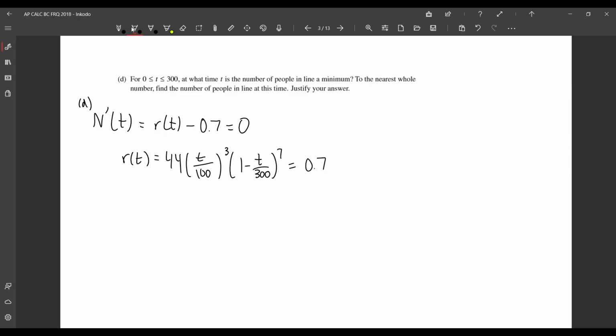Okay. I get that t is equal to 166.575 seconds. Now, how would we know that this is actually a minimum and not a maximum? Oh, yeah, so we should check that that is a minimum and not a maximum.